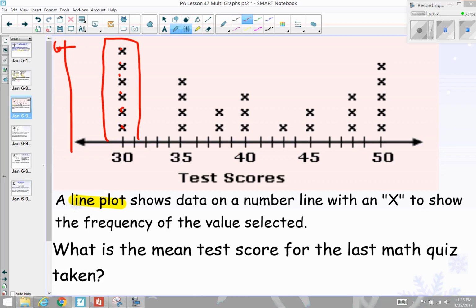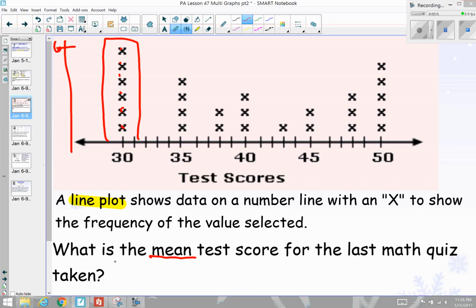Here is my question for you. What is the mean test score for the last math quiz that we took? We're calling all of these scores for our last math test. What was the average, or what was the mean? In many instances, we are used to hearing mean as average. How could we calculate that? In this case, we would add up all of the values.